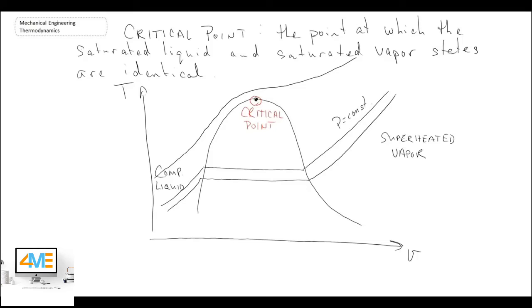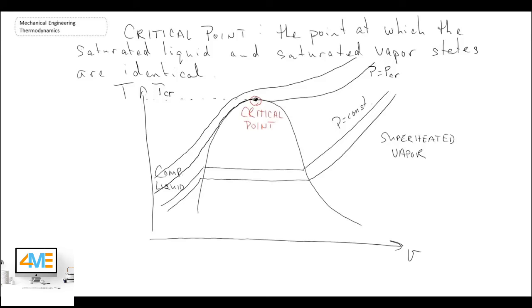However, at the critical point itself, we have a temperature and we denote that T_CR. And the constant pressure line that would denote the critical point would be at pressure P equals P critical, with subscript CR.